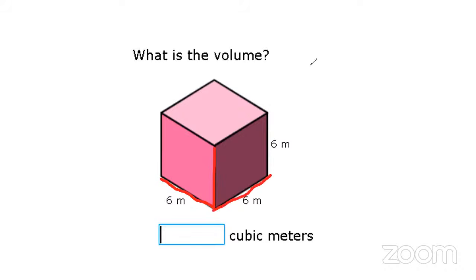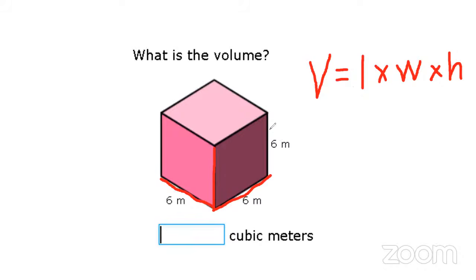So when we're finding volume, we're finding the product of the length times the width times the breadth, or times the height, whatever you want to use. We may name these dimensions to be specific, but they're all really lengths.